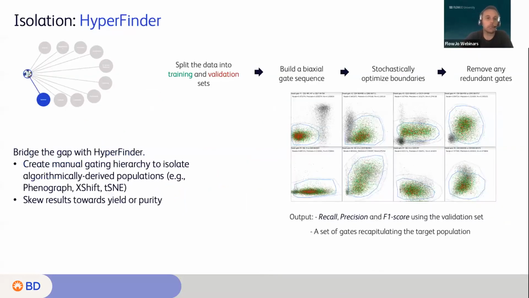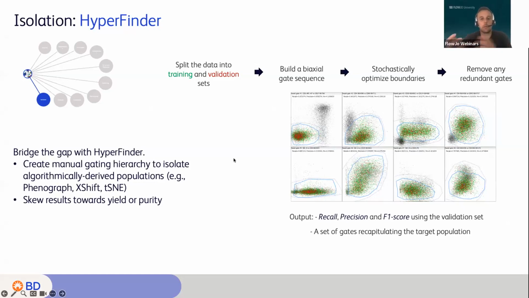We're going to do that using the HyperFinder plugin. HyperFinder is really going to look at all the different n-by-n combinations, try to see where your cells of interest or your cluster is located on this n-by-n, and draw a gate around this population. And after, it's going to minimize or remove any redundant gate to find the best path, the fastest path possible, to find this cell population.